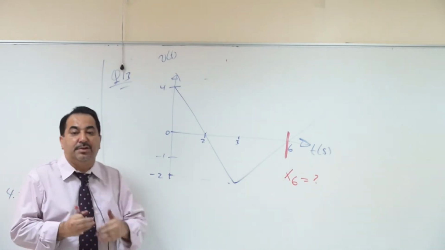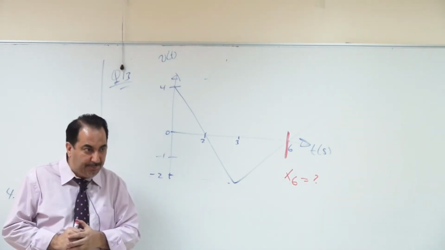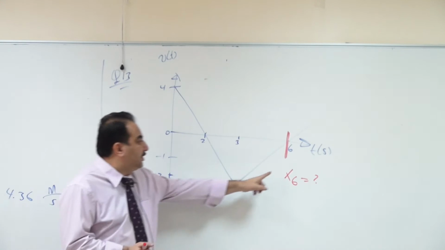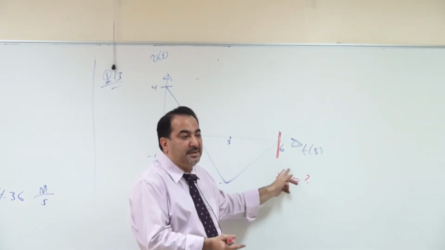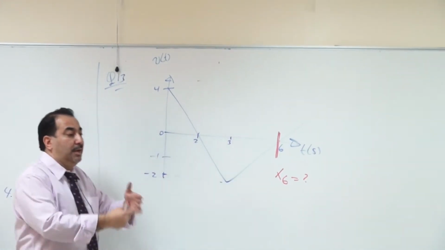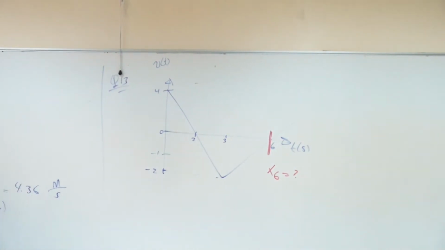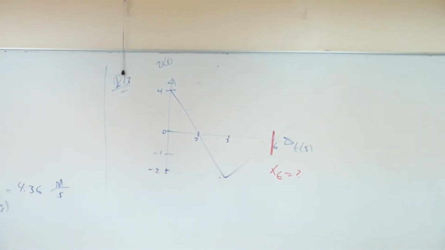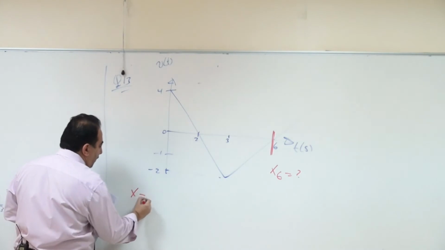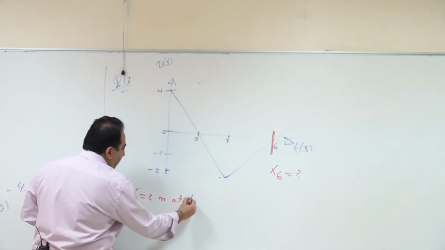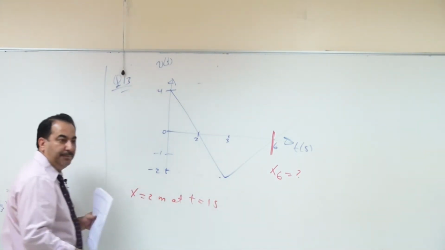But area means you have a starting point and finishing point, yeah? Here, this is like the end, yes? I need the beginning. Now, the beginning, it's in the question. The question says, if x equals 2 meters at 1 second, yeah?